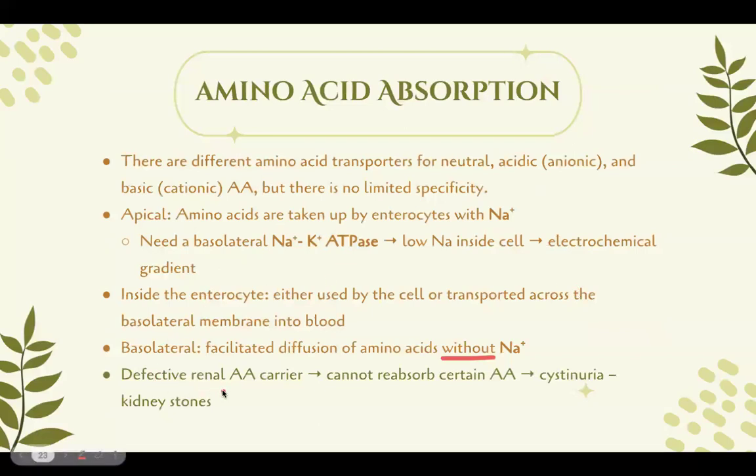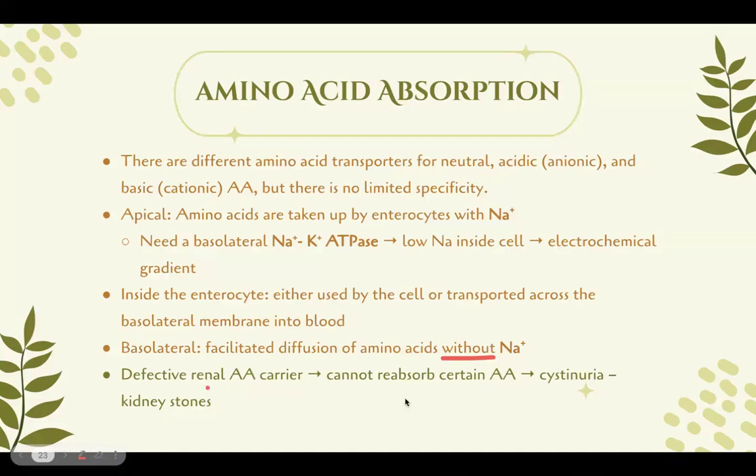Something that you should know is that you rarely have diseases that are caused by a deficiency of an amino acid due to defective amino acid transporters in the GI specifically, because amino acids can just flow into any amino acid transporter. So you barely have that. You do, however, have a disease that results from defective amino acid transporters in the kidney.